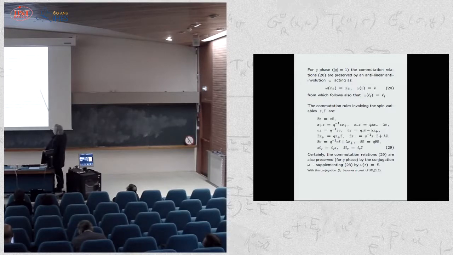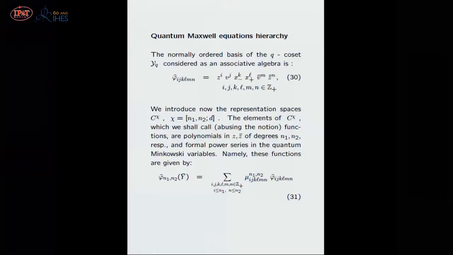The Minkowski length is invariant. The commutation relations which involve the spin variables, z bar, of course, are more involved. And again, there are terms which would vanish in the classical case. But this all is very absolutely consistent. And there, of course, is the conjugation z going to z bar, as I mentioned also in the classical case.